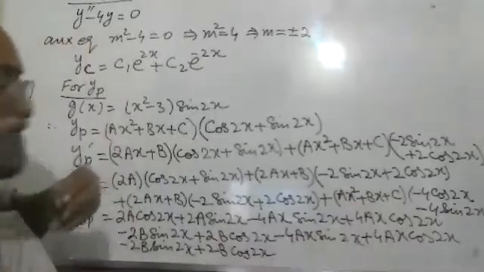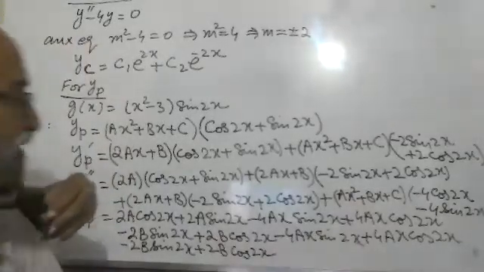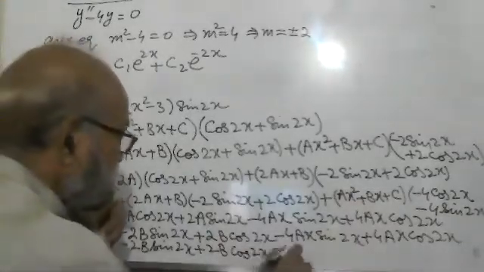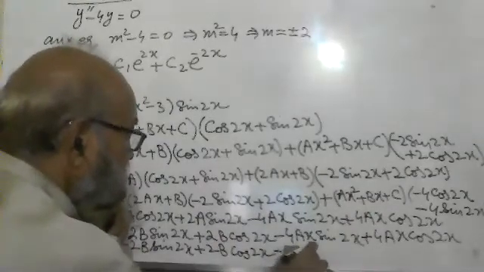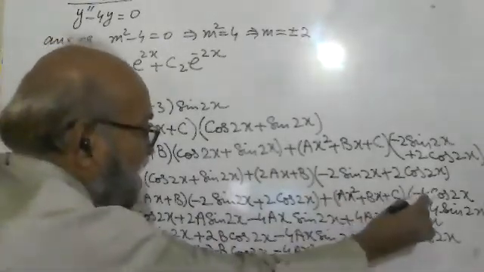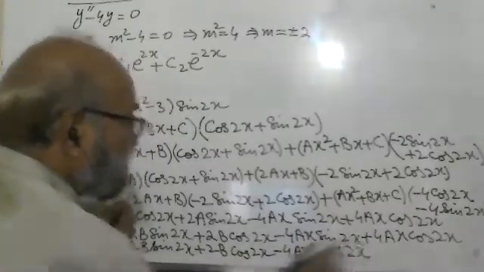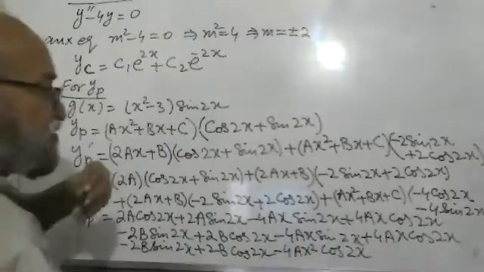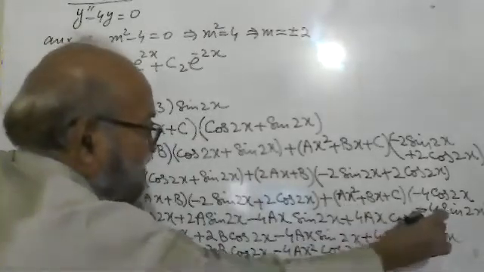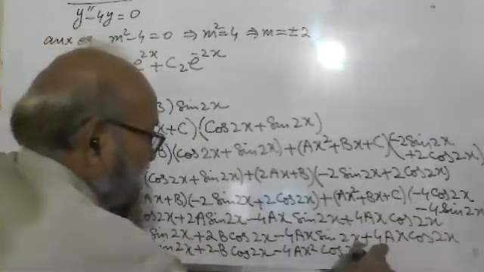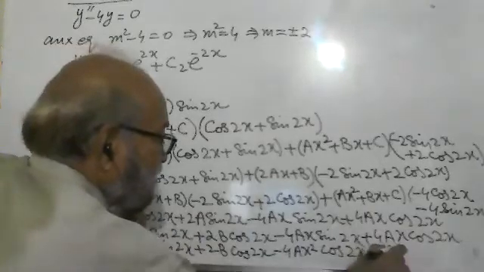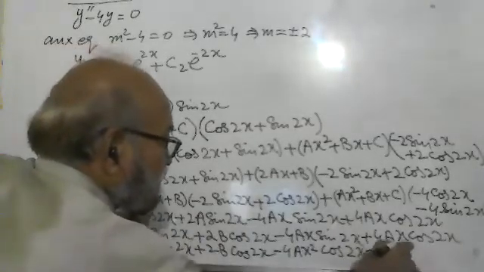Then ax square is multiplied by this one, minus 4ax square cos 2x. Then ax square is multiplied with this, minus 4ax square sine 2x.